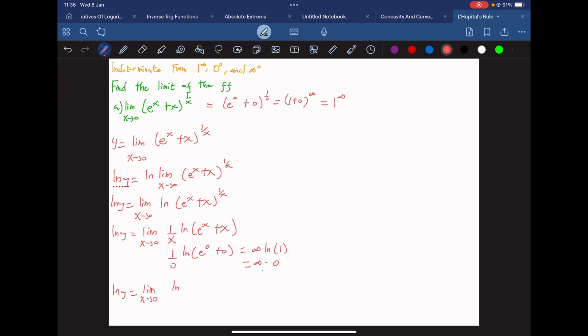So we have ln of (e^x + x), then we find the reciprocal of the other term. The reciprocal of 1 over x is just x, so we have 1 over x in the denominator. Now let's put in 0 to see.